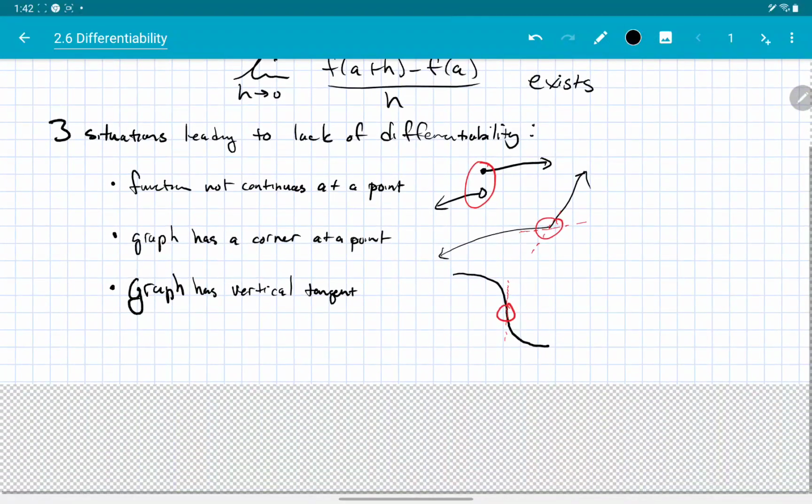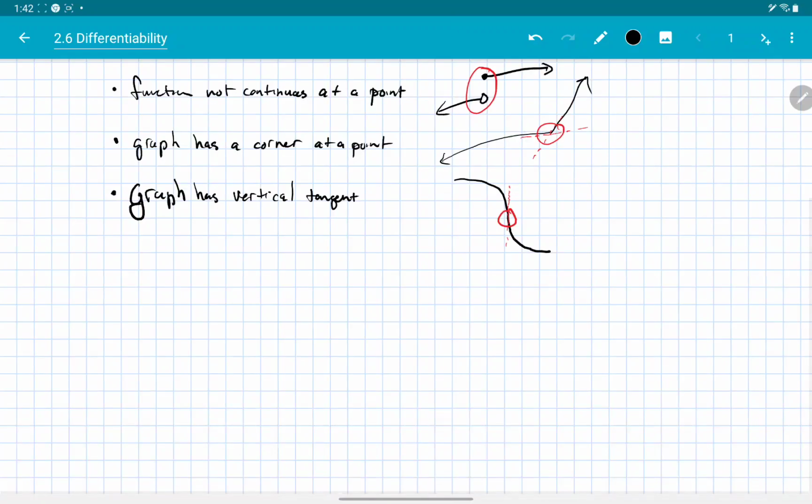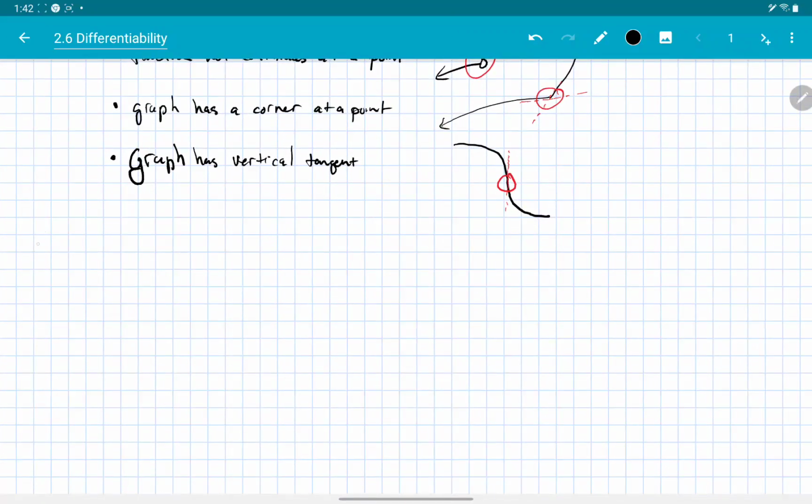Okay, now let's take some examples and compute with them. Let's look at this function. F of x is equal to 2x if x is less than or equal to 1, and 1/2 x plus 3/2 if x is bigger than 1.